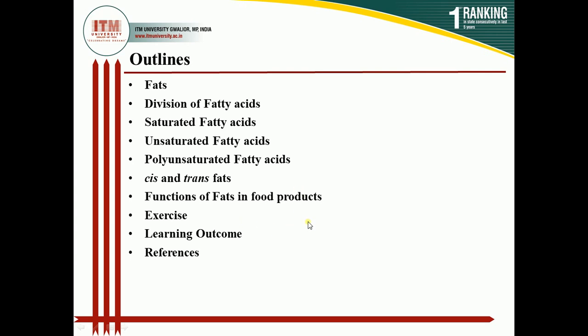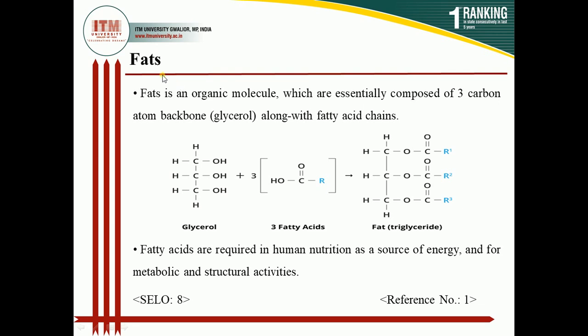video lecture. So first let's start with the first, that is, fat is an organic molecule which is a very essential part of our body, and it is stored in the adipose tissue.